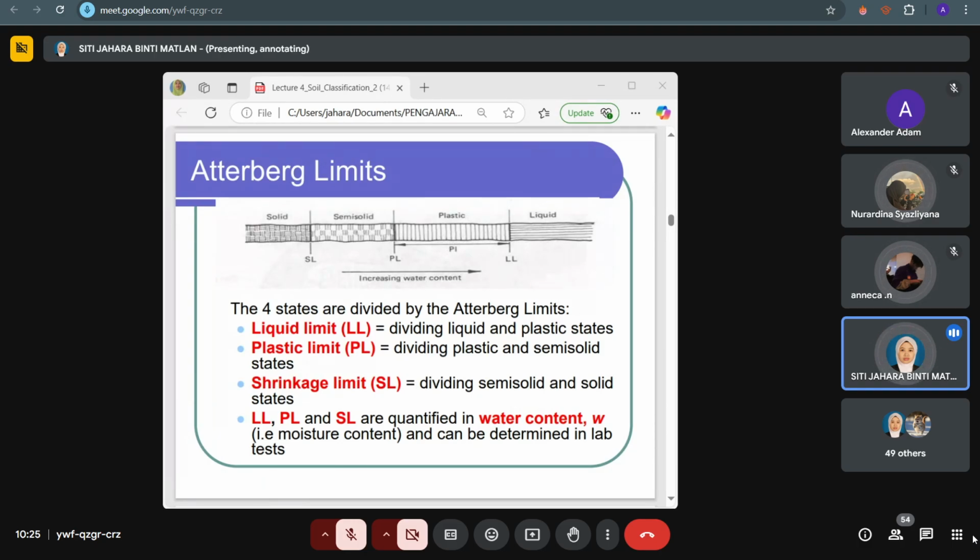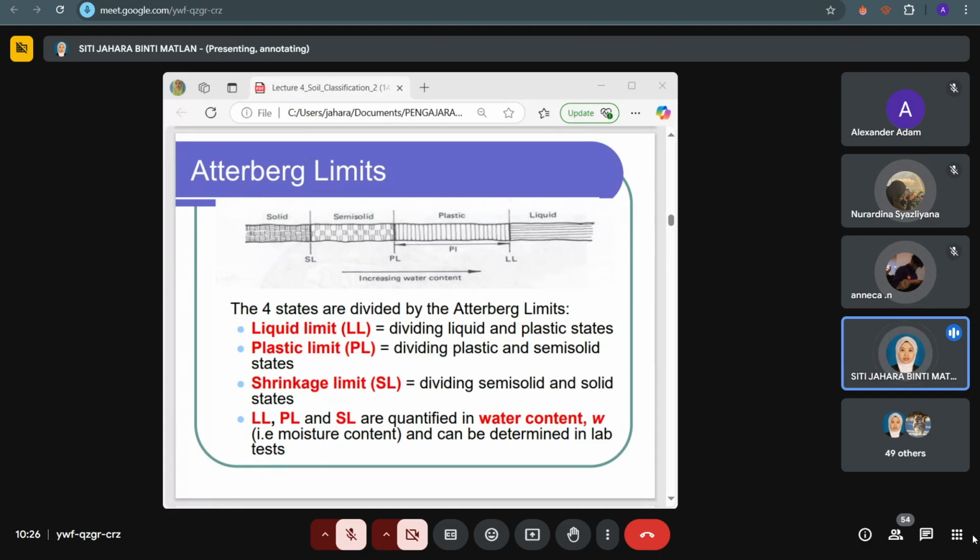Ini pun saya sudah mention tadi, but just note here that there are 4 states divided by the Atterberg limits, which are the liquid limit, plastic limit, and shrinkage limit. Inilah LL, PL, SL. These limits are specific moisture content values that separate the 4 states.